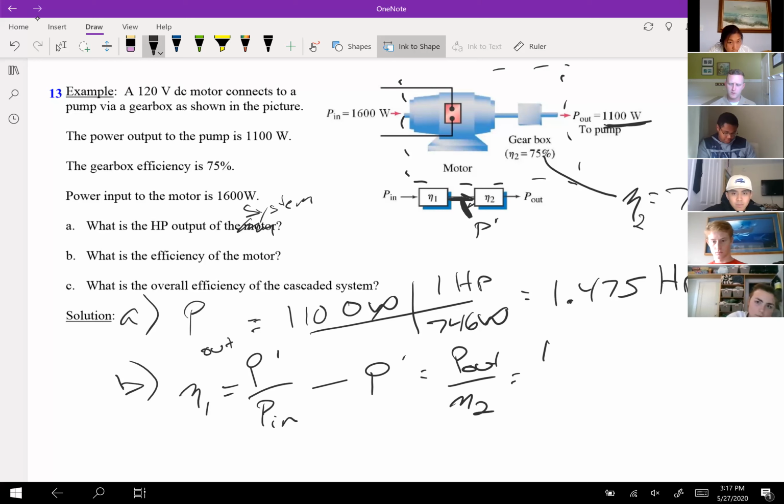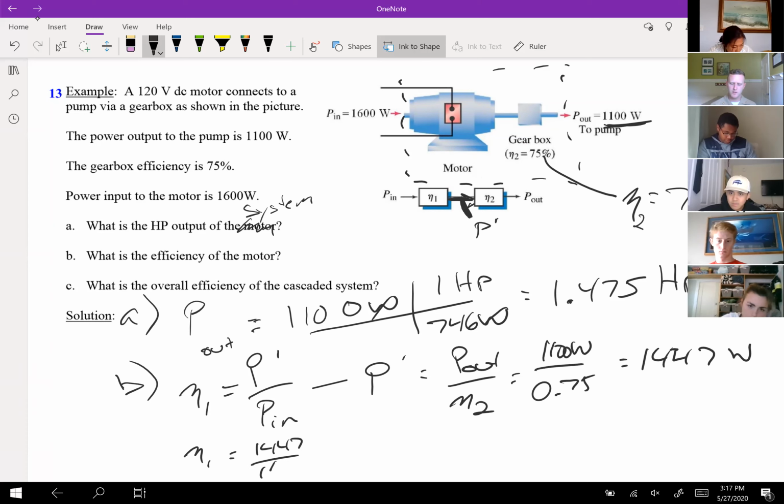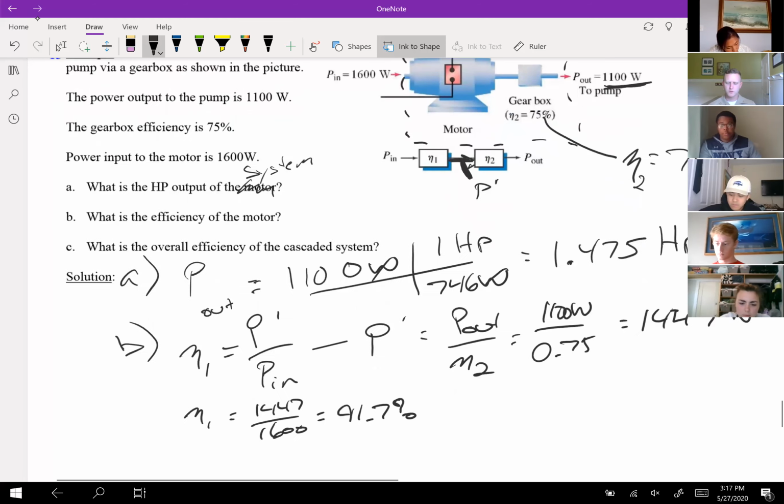So the P out is 1100 watts divided by 0.75, and that gives us 1467 watts. So now we can plug that in here to eta 1, 1467 over P in 1600, and we get 91.7%. So that's eta 1.